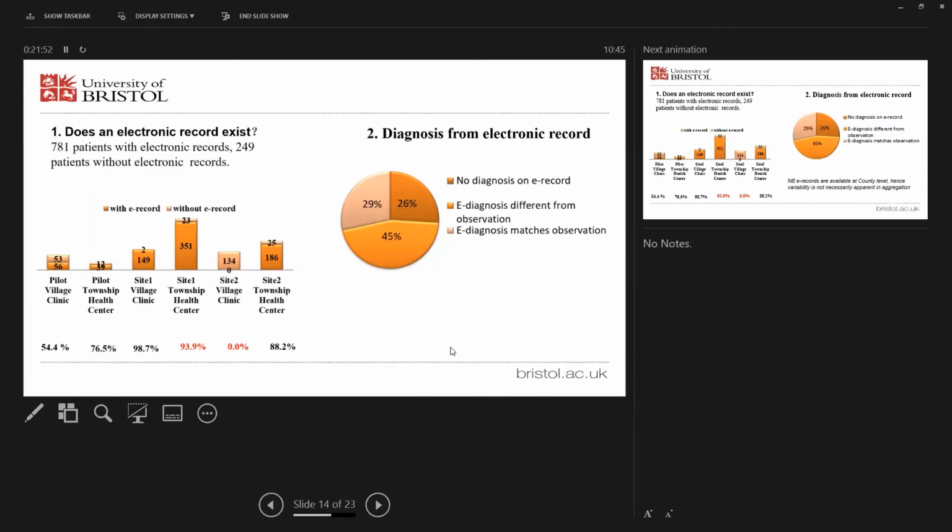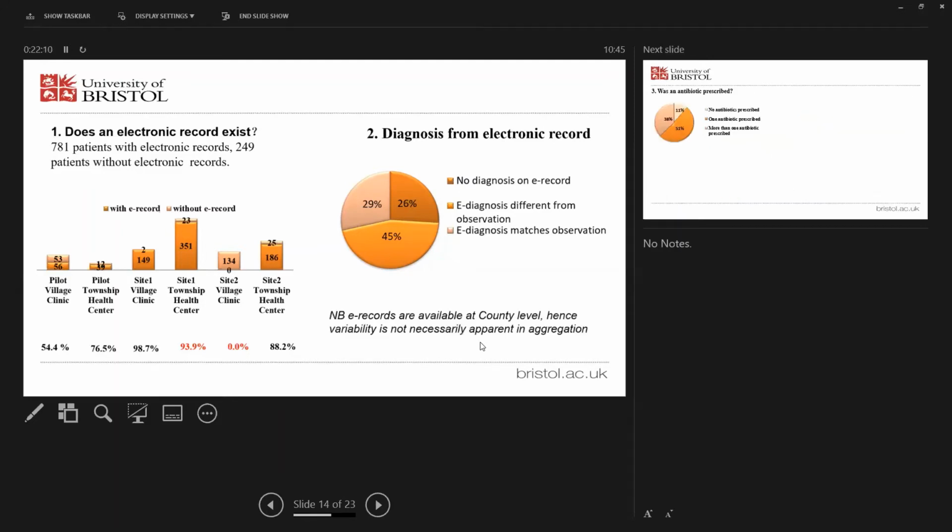On the right-hand side, you can see that nearly 50%, just under half of the e-records, differed in terms of the diagnosis from what we had observed. And a quarter of the e-records didn't have any diagnosis at all.